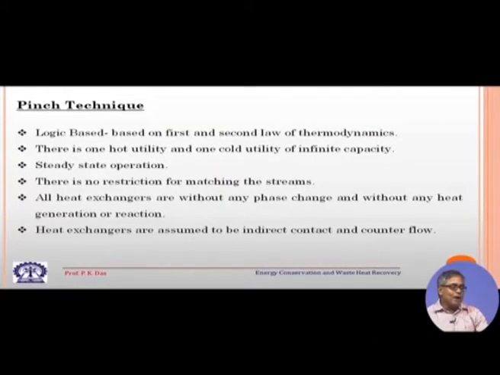For the analysis which we will follow, we will assume that there is only one hot utility and one cold utility of infinite capacity. In a practical situation, in a plant, there could be a number of utilities. Let us say that some cooling is done by ambient air, and some cooling is done by chilled water.